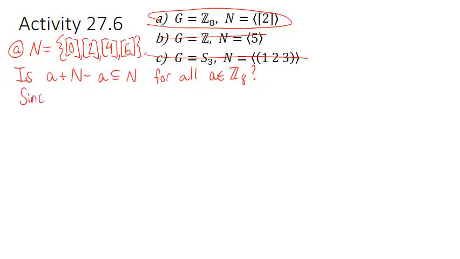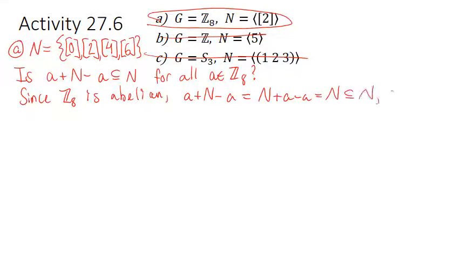So since Z8 is abelian, a plus N minus a will just equal N. Or maybe we could say it like this, N plus a minus a, so that's N, which is of course a subset of itself. So N is normal. Okay, so that is part A.